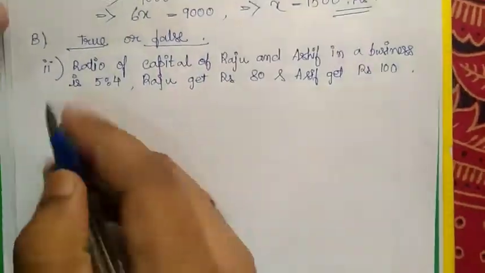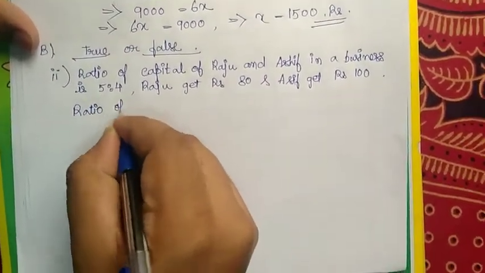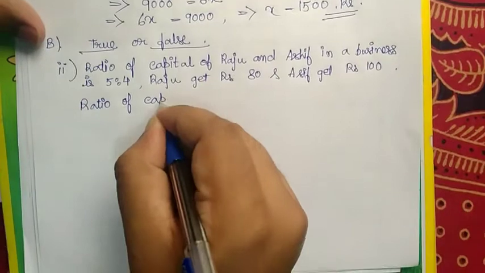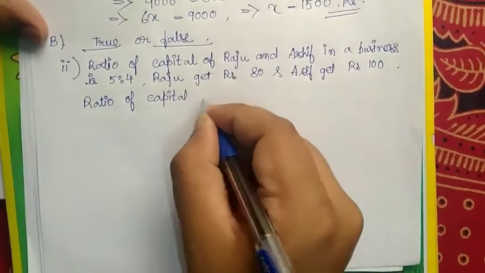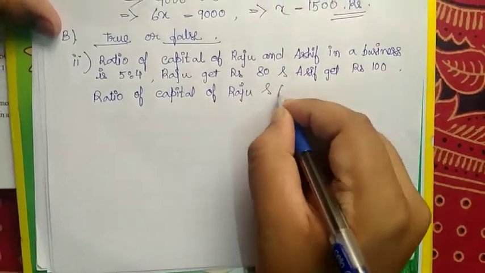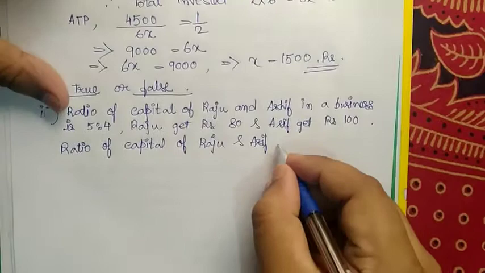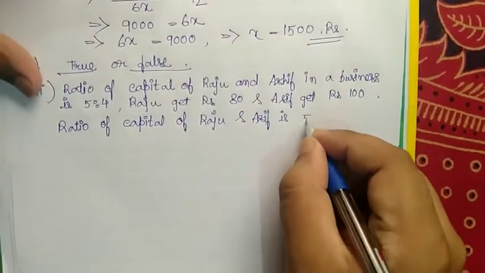So therefore given the ratio of capital of Raju and Asif is 5:4.